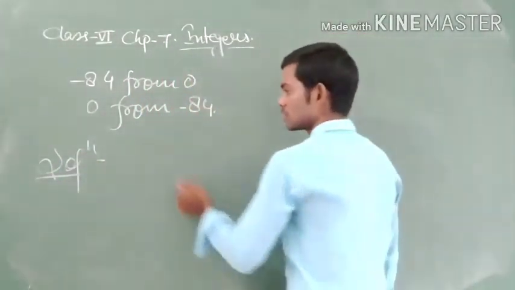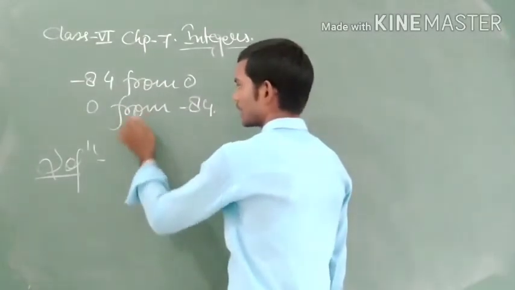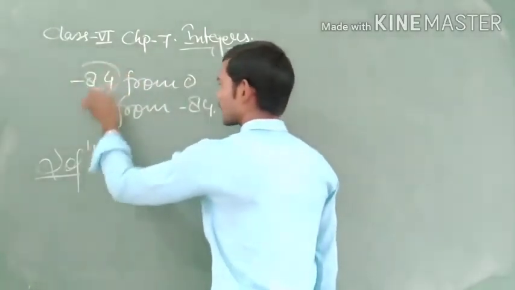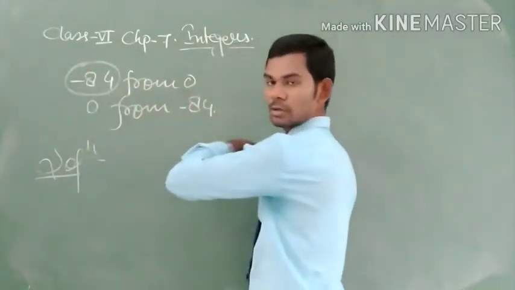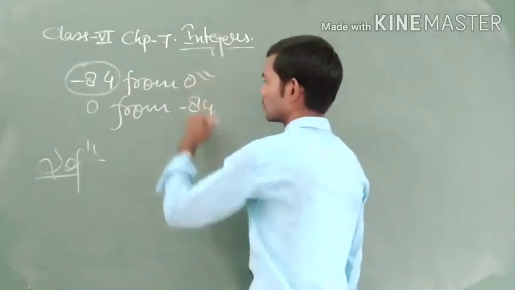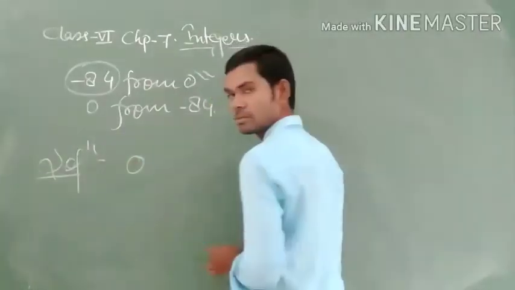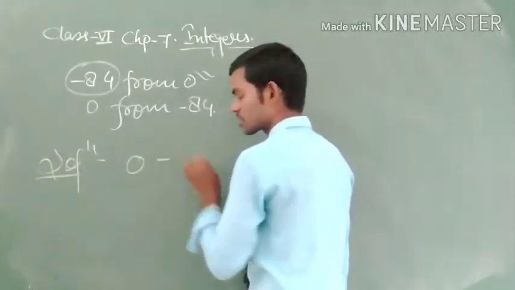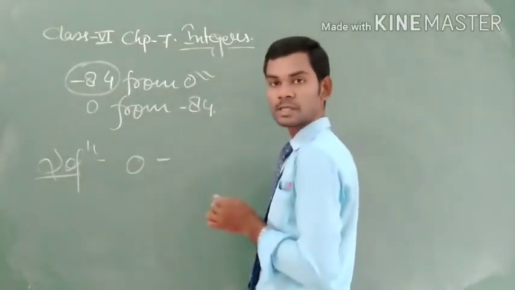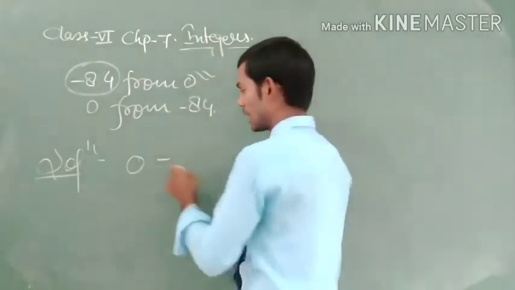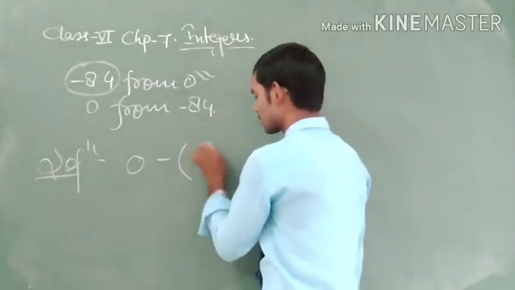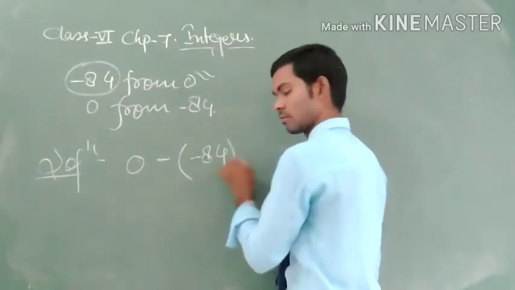In the first question, the question is: subtract minus 84 from 0. So first of all, we shall write 0 and here we give the instruction of minus, which represents that we are subtracting, and here we write minus 84.